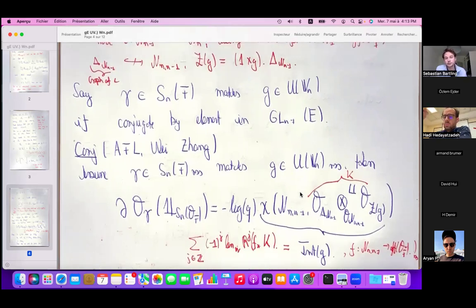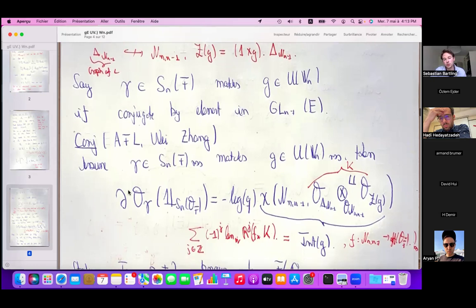Okay, so now I roughly introduced these two sides, and so we can state the arithmetic fundamental lemma conjecture, which is due to Wei Zhang, and it says the following. If a regular semi-simple element in the symmetric space matches an element G in the unitary group of Vn, which is also regular semi-simple, then we have the following identity.